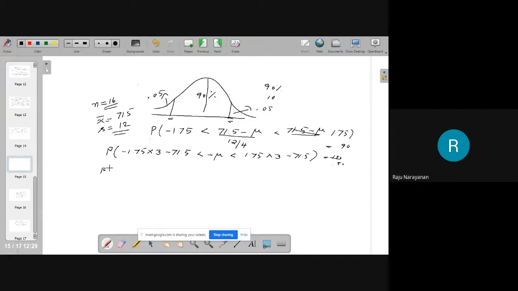Therefore, probability that 71.5 minus 5.25 less than mu less than 71.5 plus 5.25.